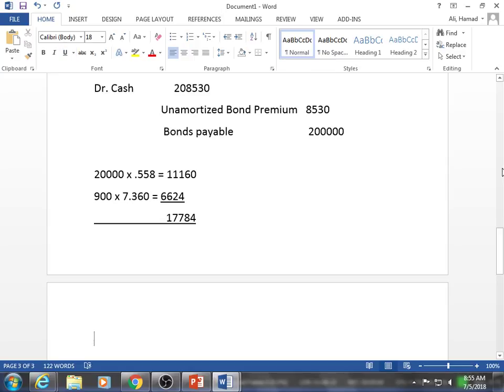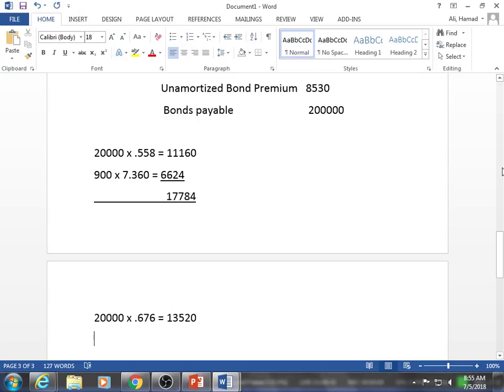semi-annually. So we're going to say 20,000 times table 1, 4%, 10 periods, that's 0.676, and that's equal to 13,520.